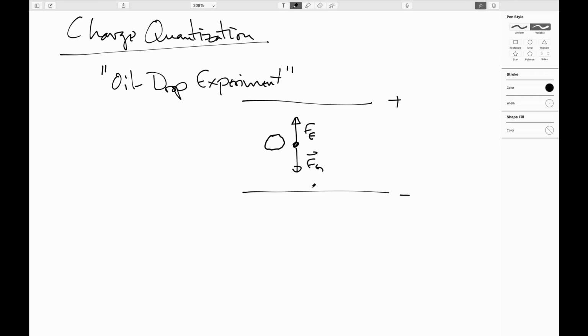Well, he was able to show, by careful comparison of the electric force against gravity, that the electric charges had to come in discrete integer multiples of a quantity. The official name is the quantum of electric charge.